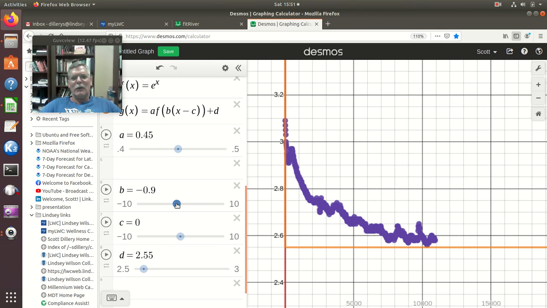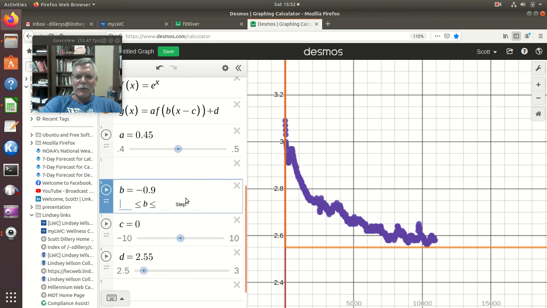So I come down here to the negative, and now what's happening is, it's coming down so fast, it looks like it is a right angle here. That's amazing. Well, so that tells me minus 0.9 is way too big. Now, I'm going to have trouble messing with the slider this way, so I'm going to put this at minus 1 and 0.